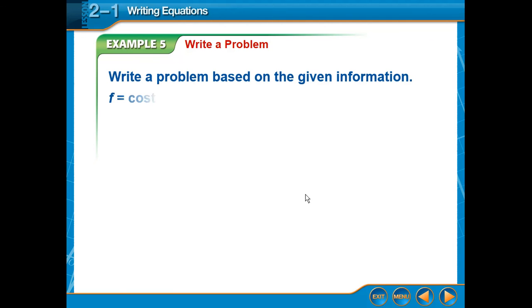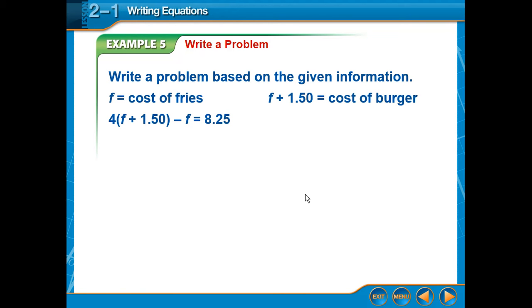The last thing we just want to look at is if we are given information, like the answers, we want to be able to come up with a problem that would make sense with this information. So we have right here, f is the cost of fries, f plus 1.5 is the cost of a burger, 4 times f plus 1.5 minus f equals 8.25.